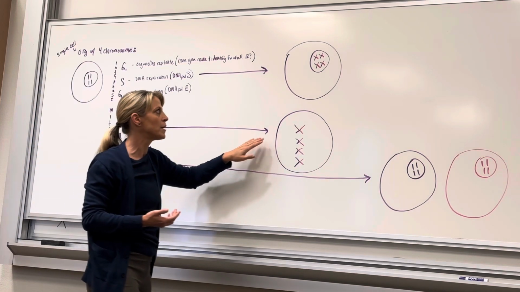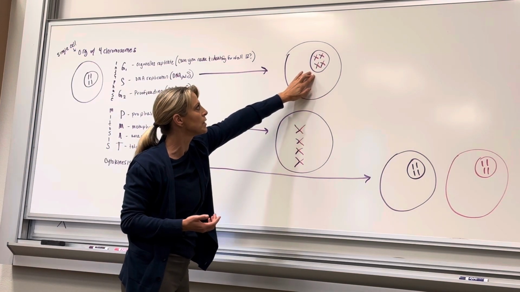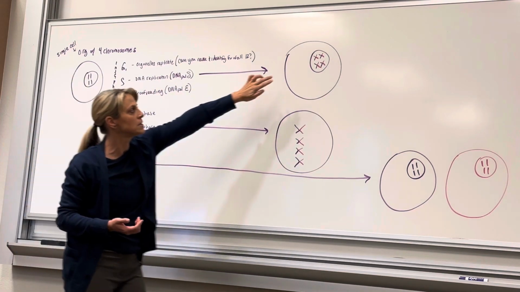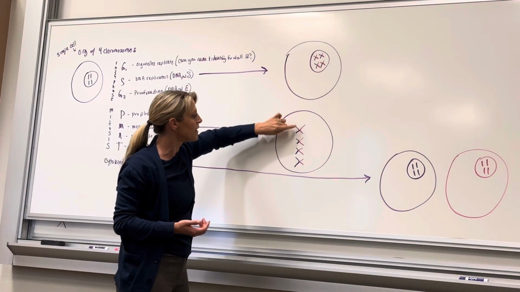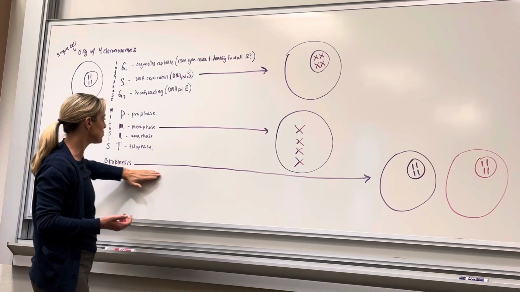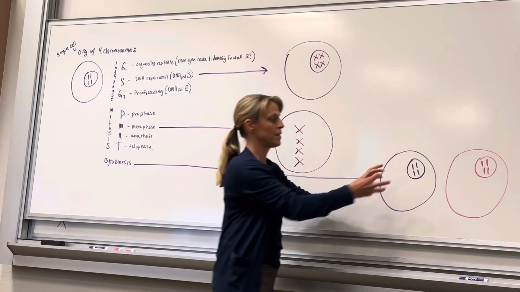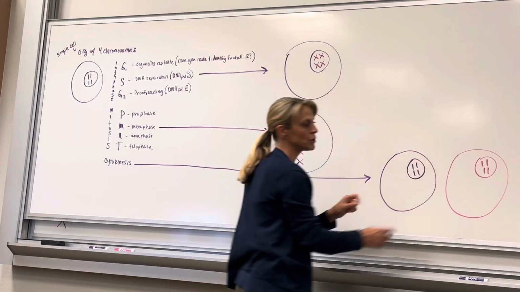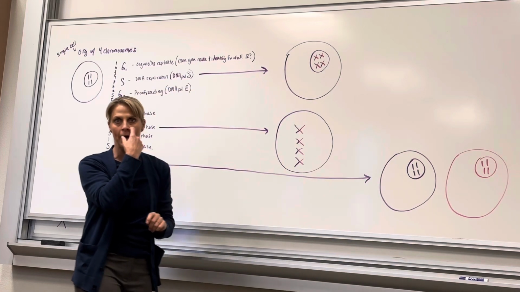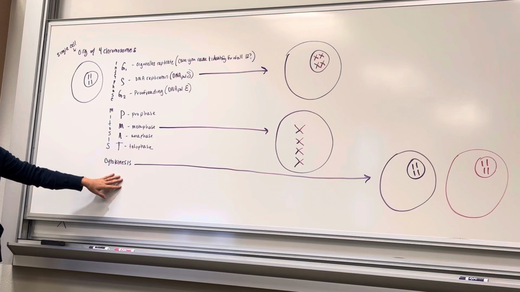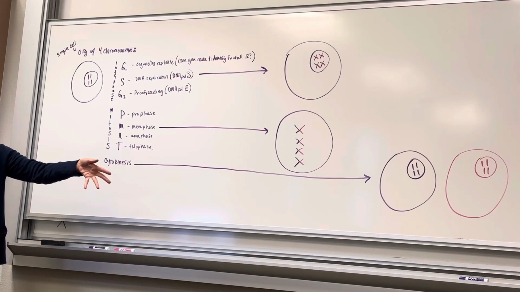When they line up on the metaphase plate, here they're in the nucleus, we went from 4 here to 8 here, and then the 8 line up on the metaphase plate. And then when it goes through telophase and cytokinesis, they've separated, the nucleus reforms around the chromosomes, and we end up with 2 cells that have undergone the whole process of cell division, and they're genetically identical, hypothetically.